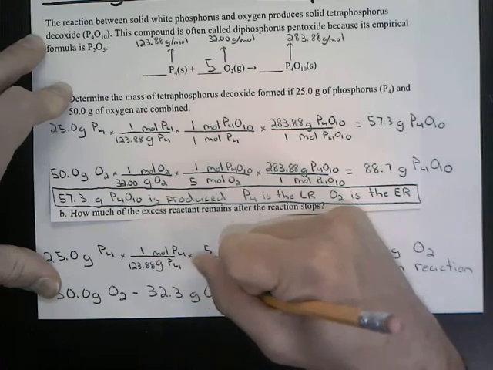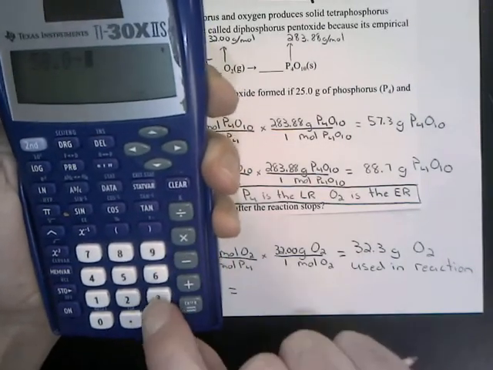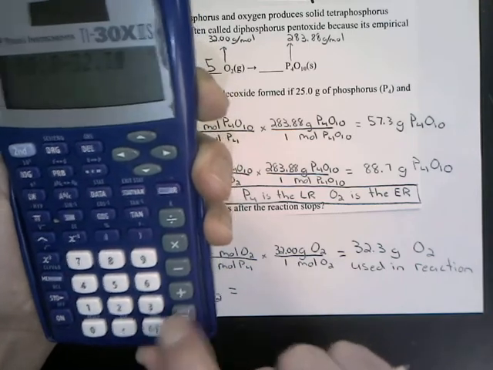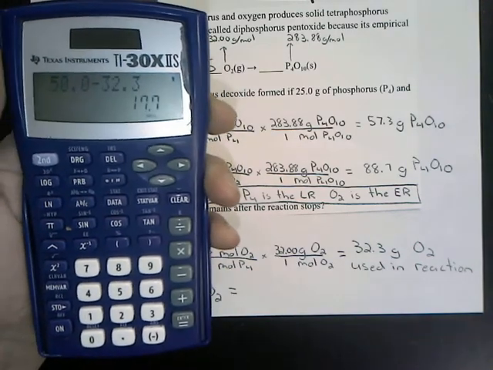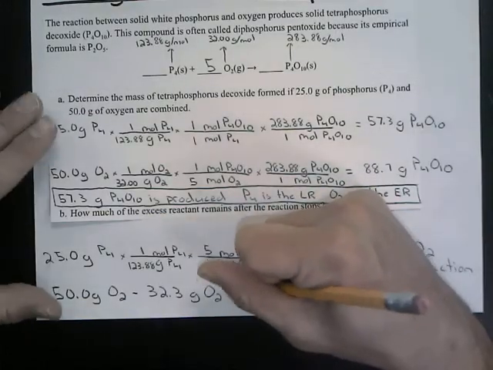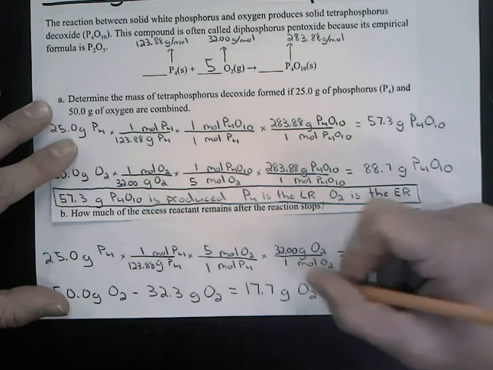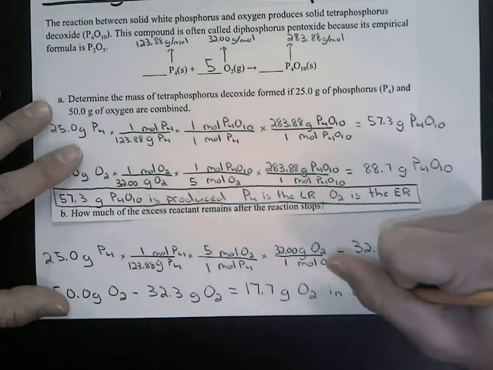And then we just perform this on our calculator. So we do 50.0 minus 32.3. We press enter. And that's a value of 17.7 grams of excess oxygen.